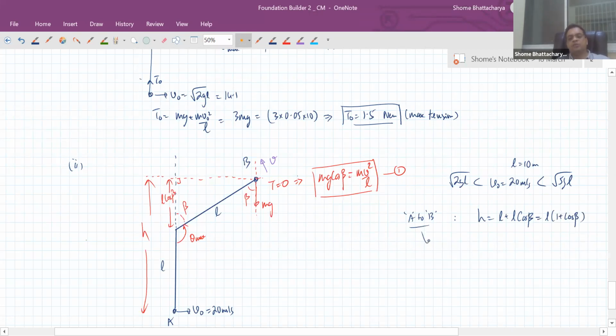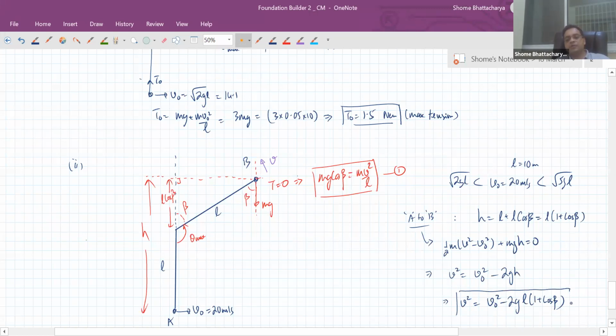Okay. And A to B, this gives me my second equation, that v square is equal to v naught square minus 2gh, or v square is equal to v naught square minus 2gL into 1 plus cos beta.